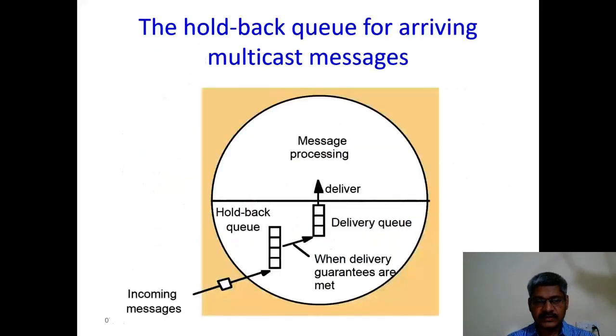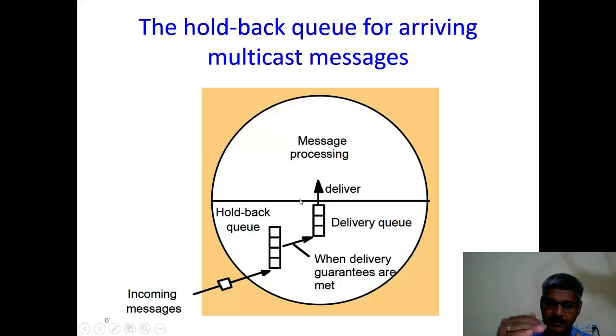For these sort of things, we will be using a holdback queue. Once the message is received, it is put in the holdback queue, and when the delivery guarantees, such as reliability or ordering, are met, you move that message to the delivery queue, and eventually that is the one which is delivered for message processing.